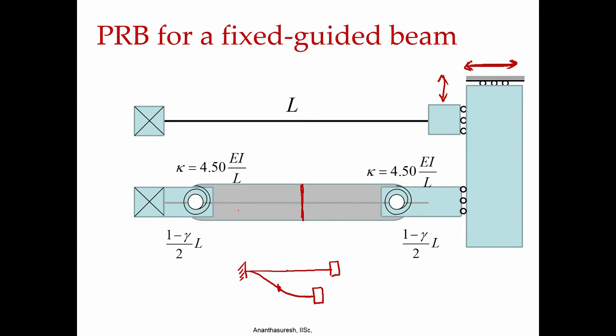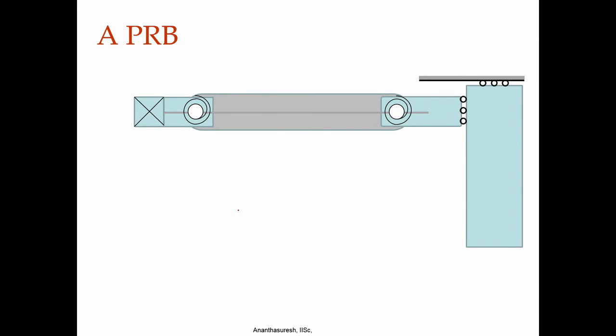And using this we can think of something like this, where we have replaced a fixed guided beam with a rigid body. So, this one in the middle is a rigid body, and there are two torsional springs. Okay.